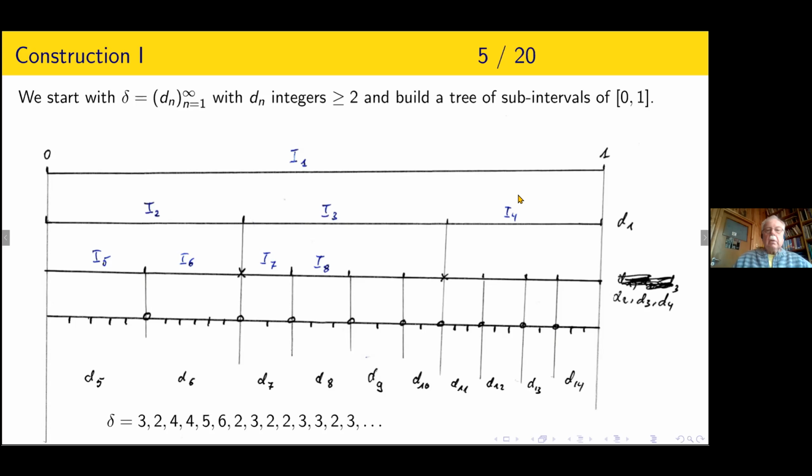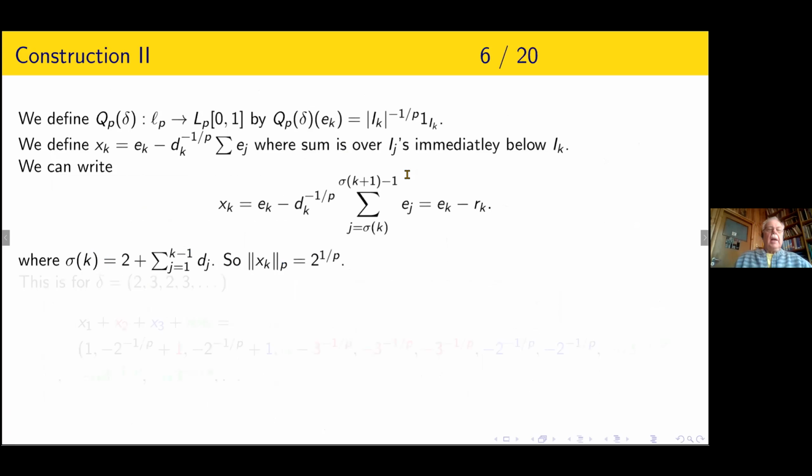And then this is the 5th, this is the 6th, this is the 7th, and we divide further. So we have such a tree of smaller and smaller intervals, but they can be divided differently, depending on this sequence.